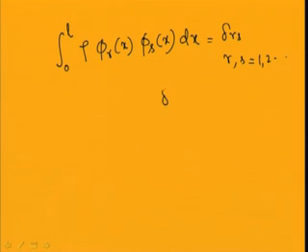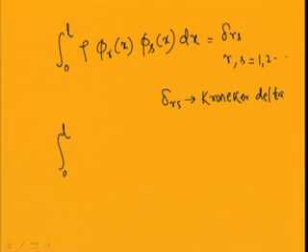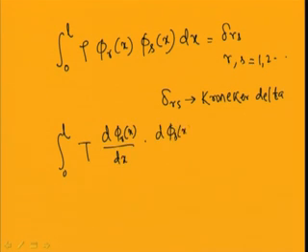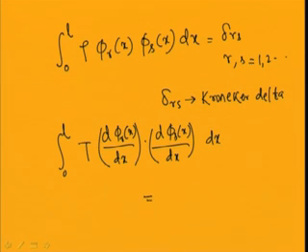Here delta r s is the Kronecker delta. Also we have proved that the integration 0 to L of t d phi r x by dx into d phi s x by dx equals omega r square delta r s.